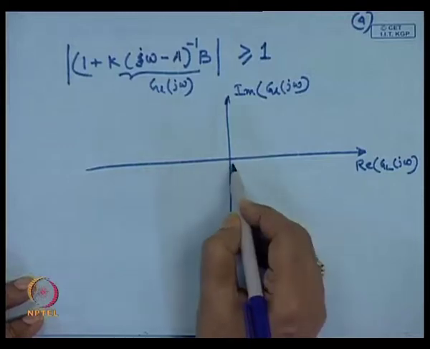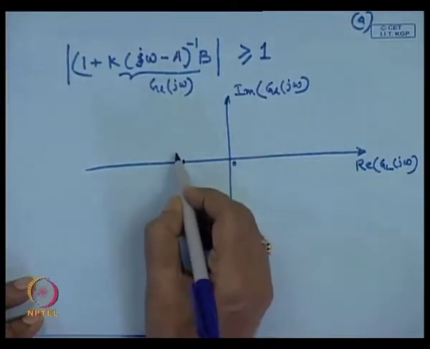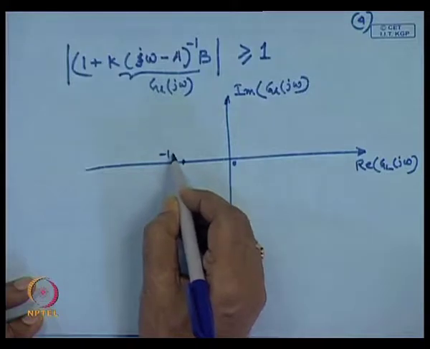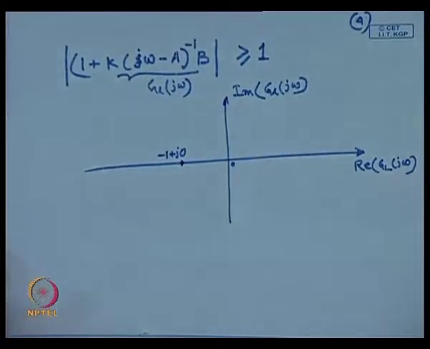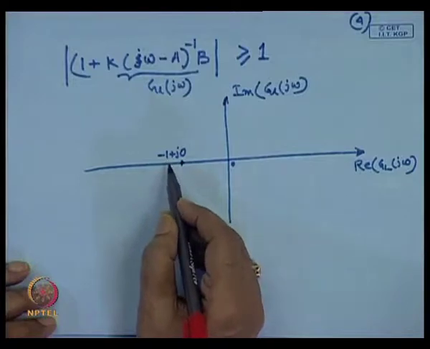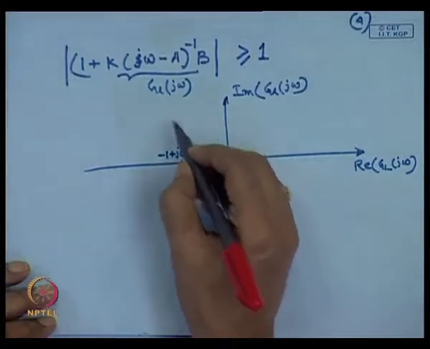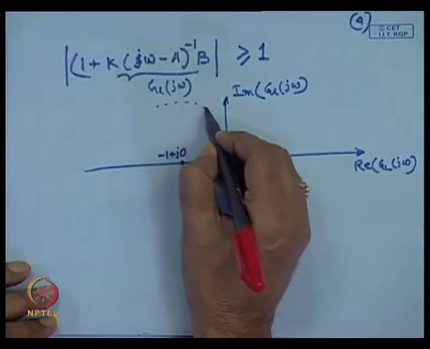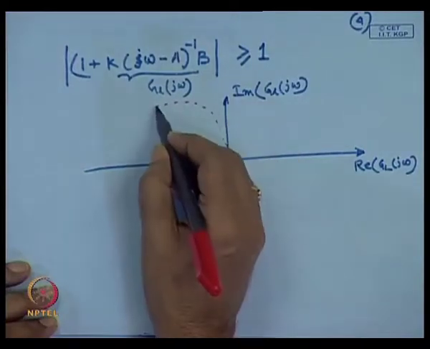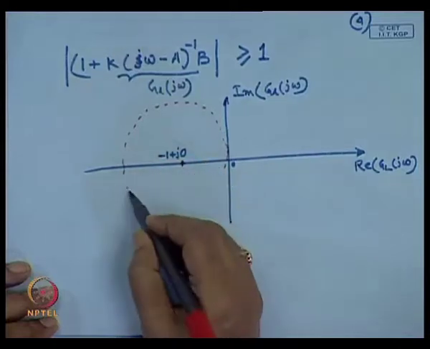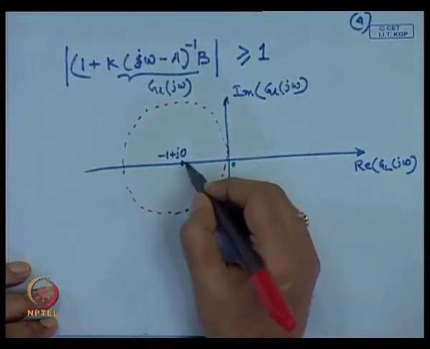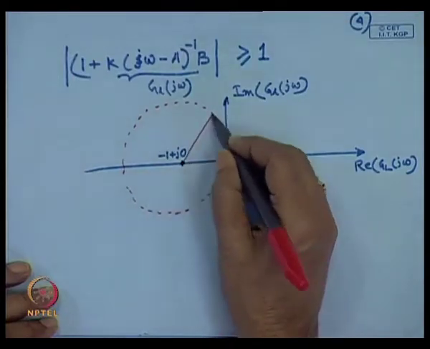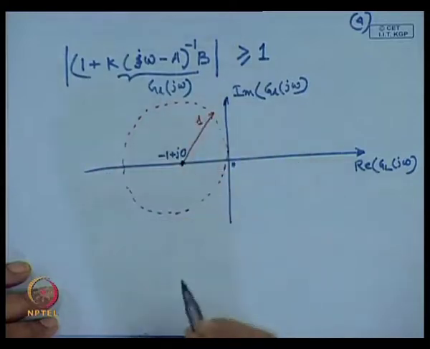This is our origin, and this is the point minus 1 plus j0. Now I draw a circle of unit radius with center at minus 1, j0, and this radius is 1.